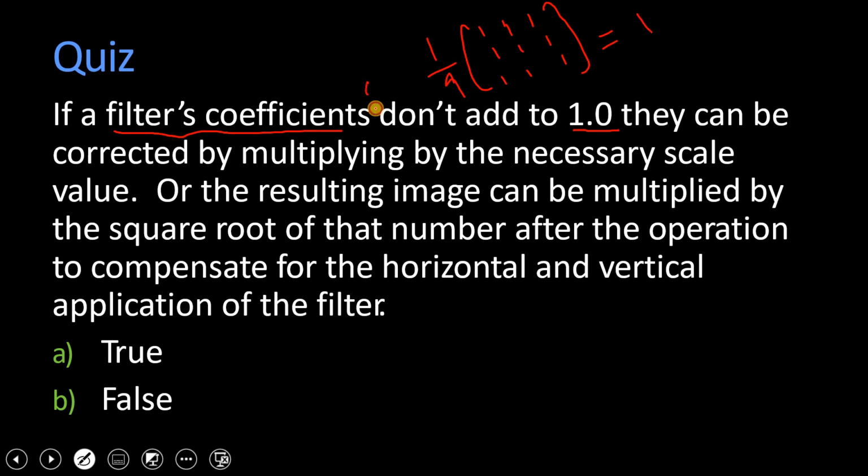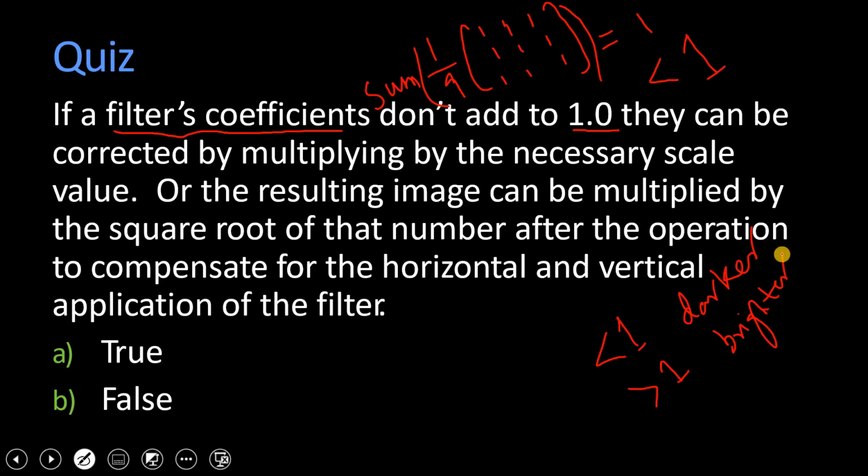If the sum is not equal to 1, if it is less than 1, then that mask, when you apply it on an image, will make the image darker. If the sum is greater than 1, it will make the image brighter.